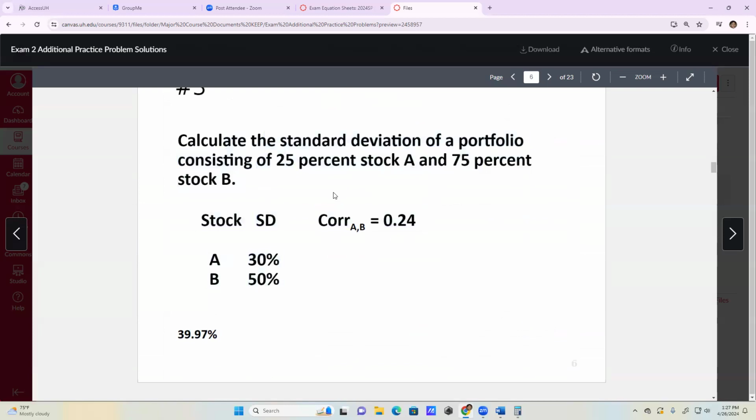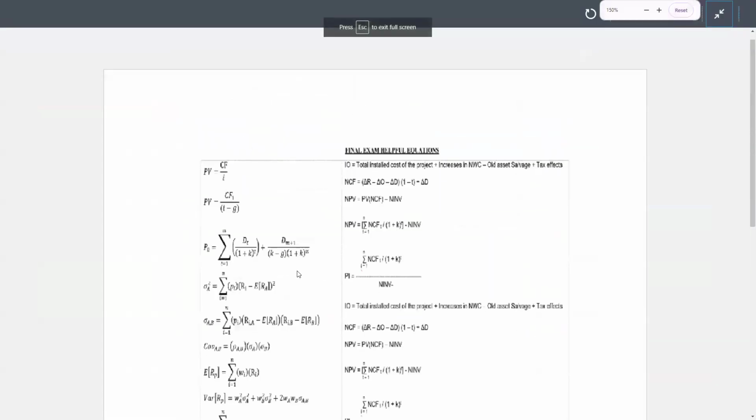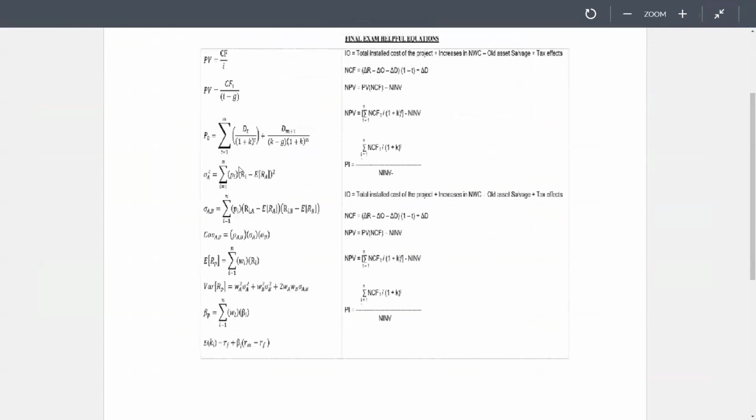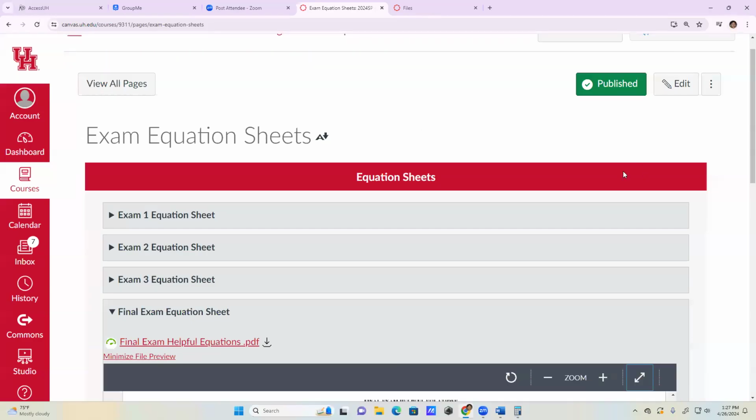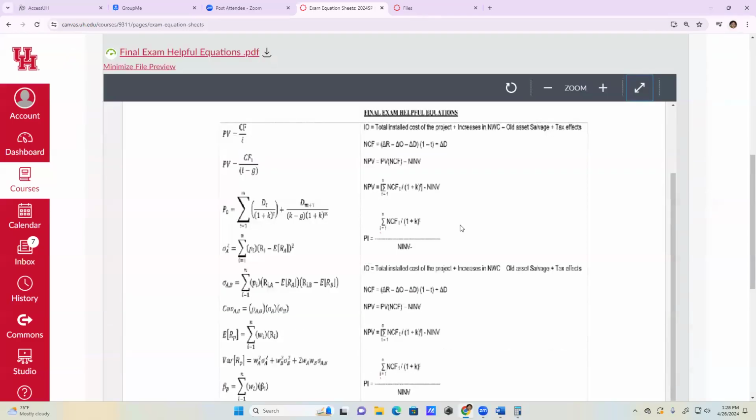Okay, so this one tells you to find the standard deviation. If you refer back to the formula sheet, this is the equation to find the variance of one specific asset. It says probability multiplied with (R minus expected R), which could be confusing.